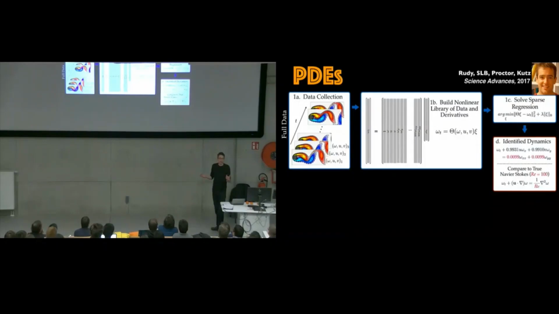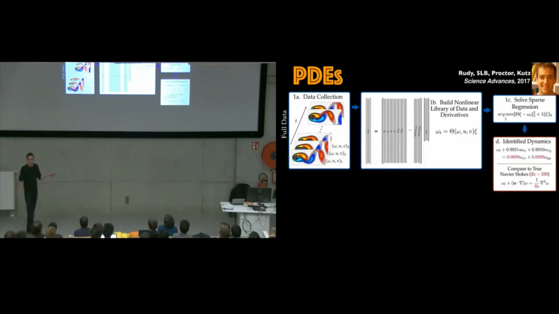We knew Navier-Stokes. But you could also use this to discover coarse-grained models of your PDE from data, from experimental data. People have done that now. A group at Stanford and SLAC is doing this for plasma systems where they don't actually have perfect models.